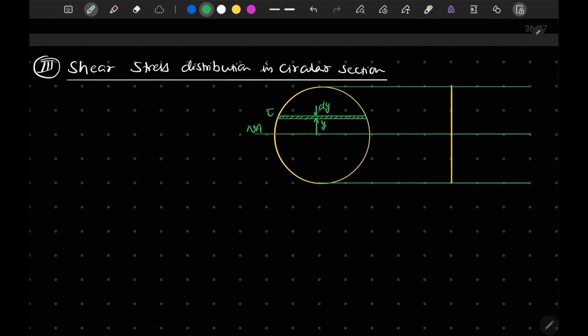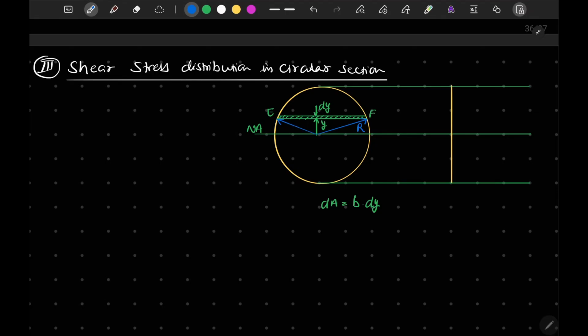Okay, let's say this strip to be F. Okay, and the area of this strip dA will become B, that is the width of the strip, into dy, that is the depth of the strip. Okay, and of course let's say that r is the radius of the circle. Okay, so this dimension is our r.